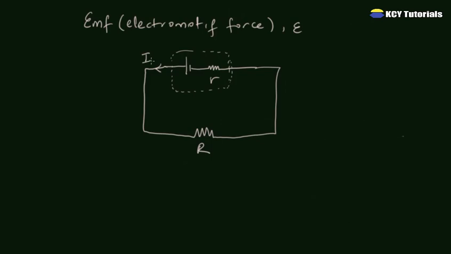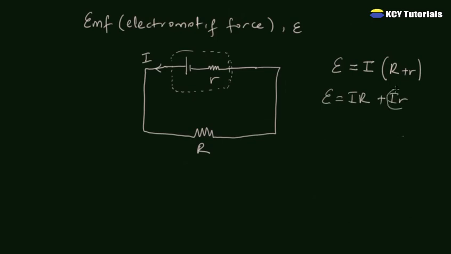So we will definitely say that the EMF of the battery here is the current I times R, but it's not just R we're talking about here. We also have this small resistance that constitutes the internal resistance of a battery. So we're going to say that epsilon is I times capital R plus small r. So it means that the EMF is IR plus I small r.